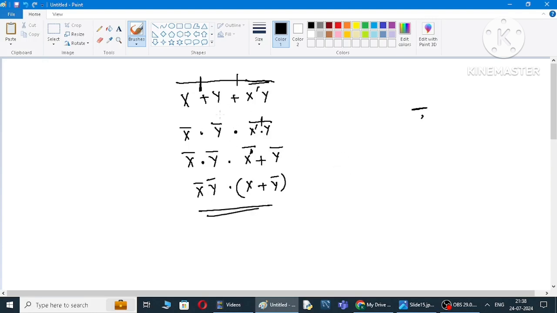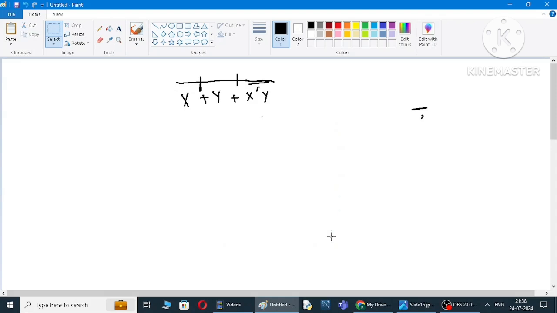Now, when you start doing it, you have to follow this breaking the line, changing the sign. But once you practice, it is very easy. You can directly write it in a single step. I'll show you how to do that. It is given x plus y plus x bar y. So without drawing the line on top, I will simply tell you how to find the complement. X will become x bar, plus will become dot, y will become y bar, plus will become dot.